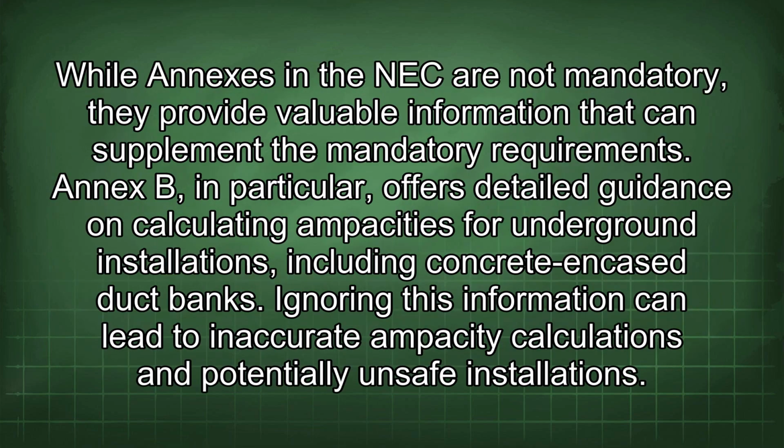While annexes in the NEC are not mandatory, they provide valuable information that can supplement the mandatory requirements. Annex B, in particular, offers detailed guidance on calculating ampacities for underground installations, including concrete-encased duct banks. Ignoring this information can lead to inaccurate ampacity calculations and potentially unsafe installations.